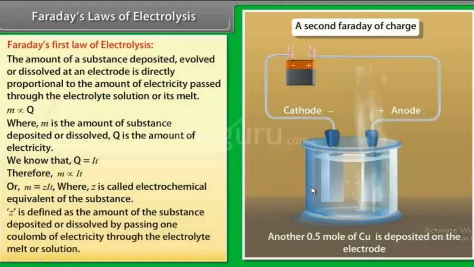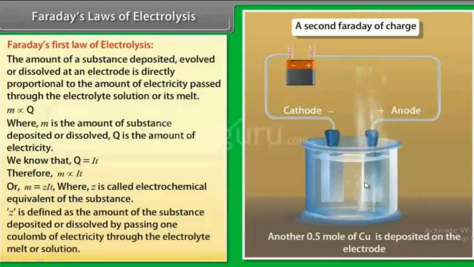This is the electrolytic cell, and these two are electrodes, one is anode and another is cathode, which are connected with the electric source with positive and negative terminal points, and there is used electrolytic solution. This electrolytic solution may be aqueous solution of ionic compound, or it can be molten state of any ionic compound.